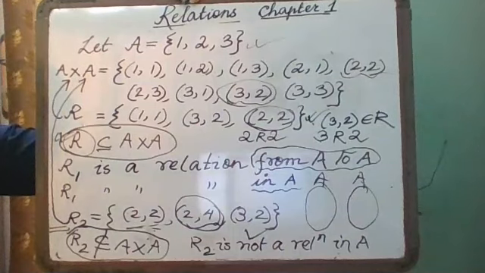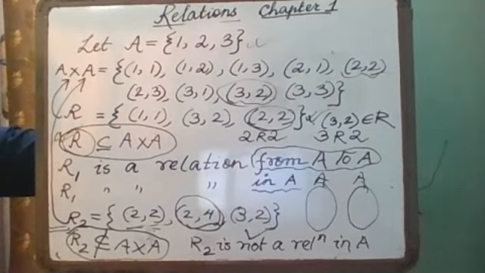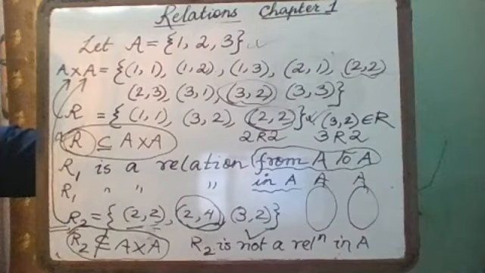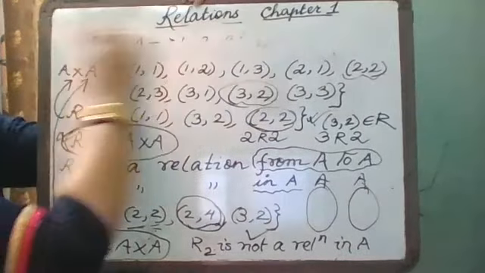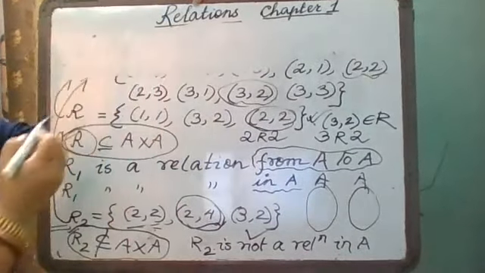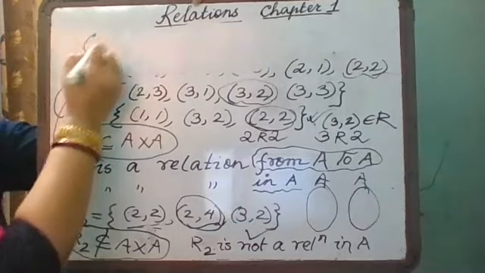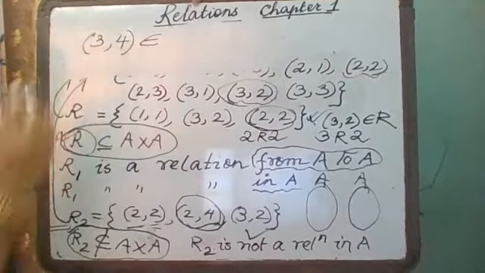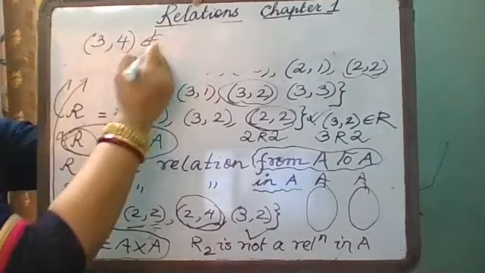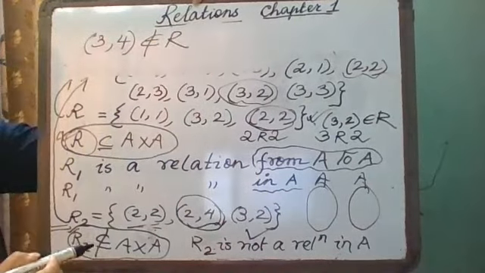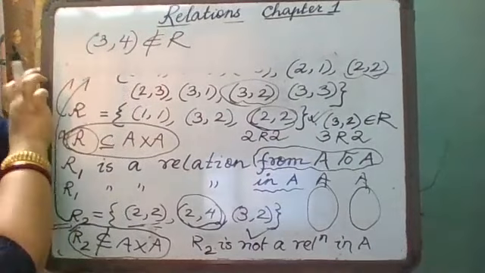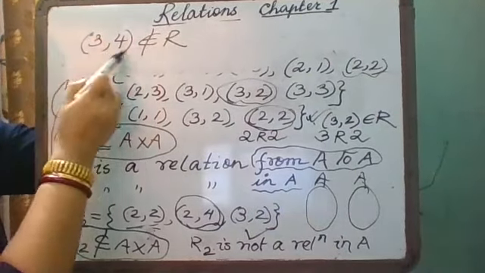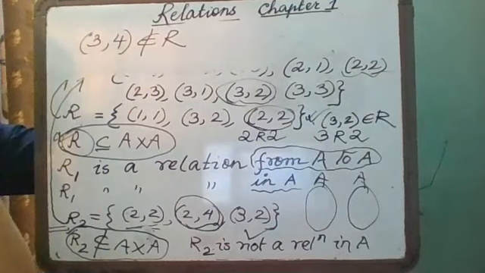If A comma B does not belong to R, then A is not related to B. So same example. I refer to set R. If I say 3 comma 4, I check that in my example, 3 comma 4 does not belong to R. I don't have the ordered pair 3 comma 4 in R. It's not available.